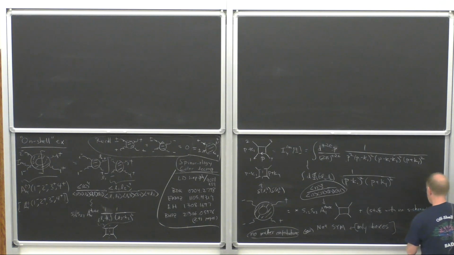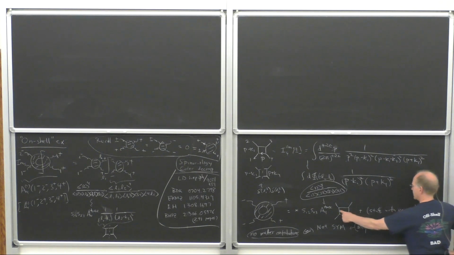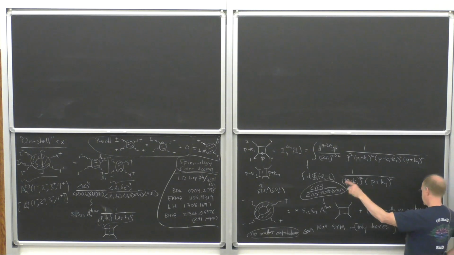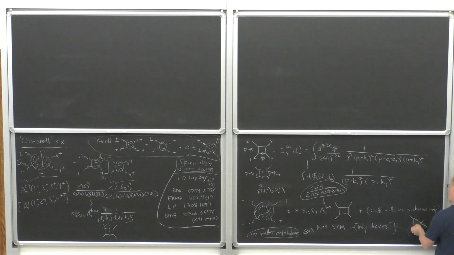So the other things that you could have in this process besides boxes are triangles and bubbles, where you have canceled propagators of some of the boxes. At this point, we know that we don't have any triangles like this. We would call this an S-channel triangle. We know it because we did this cut, or somebody did this cut, and you can detect this triangle. So those are not there.